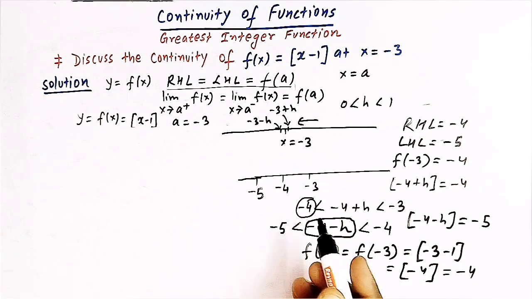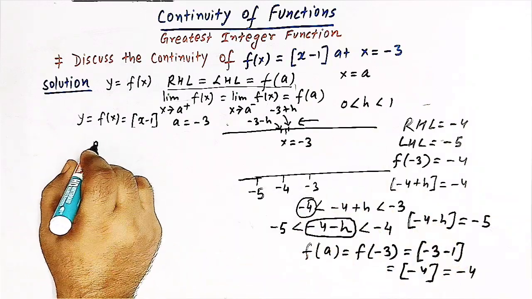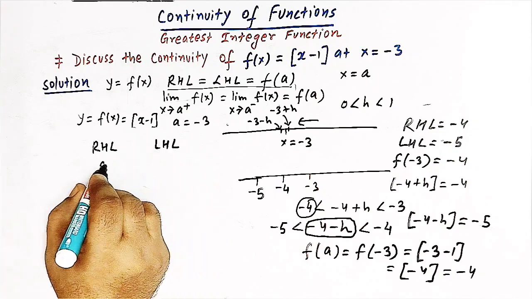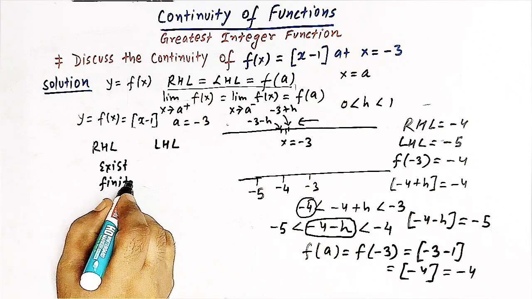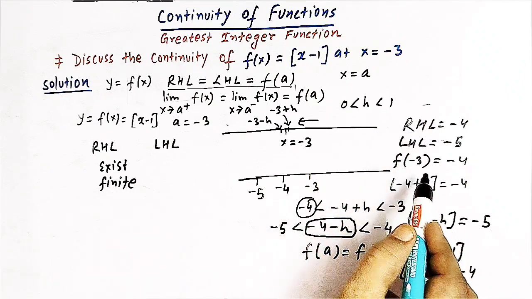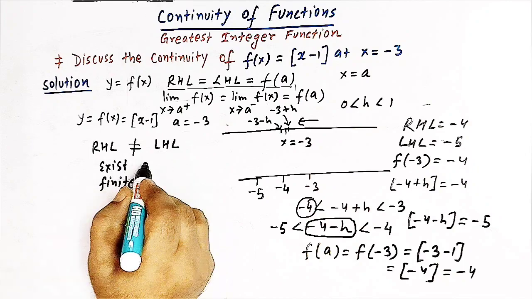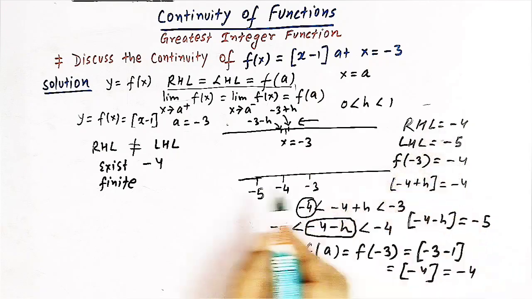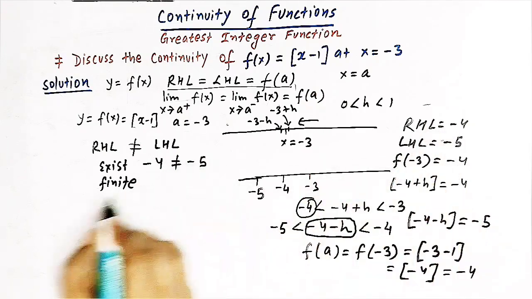So from this discussion, we have seen that although the right hand limit and the left hand limit both exist, and they are finite, right? But the right hand limit, that is minus 4, is not equal to the left hand limit, that is minus 5.